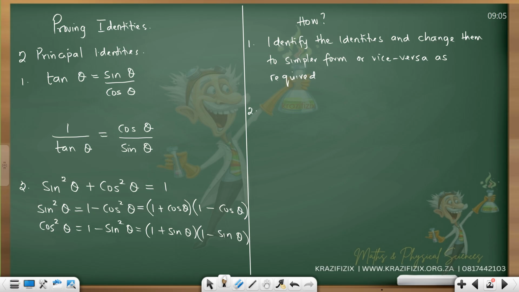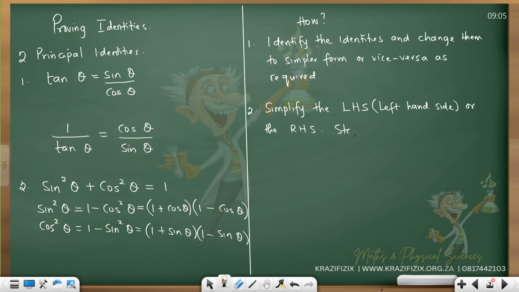Number two. Simplify the LHS, meaning the left hand side, or the right hand side.